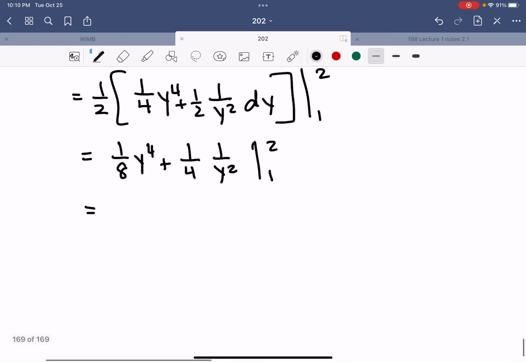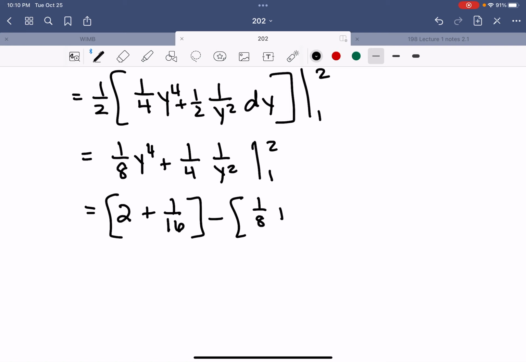When we plug in the 2, 2 to the 4th is 16 over 8 is 2. And plus 1 over 16 minus 1/8 plus 1/4. And let's see, that's 2 plus 1/16 minus, let's see over here. I can just turn them all into 16ths.